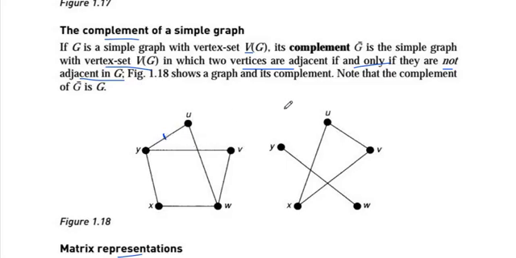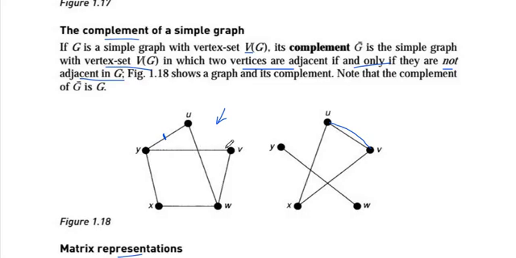So what will the new graph become? If there is no edge between two vertices, then we have to draw edges between that type of vertices. Here we do not have any edge joining u and v, so we have to connect u and v.